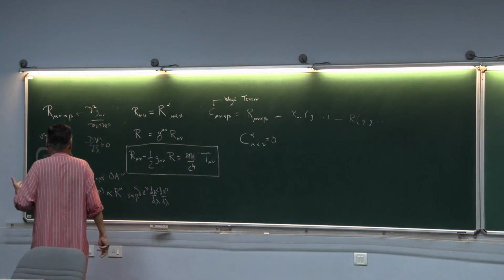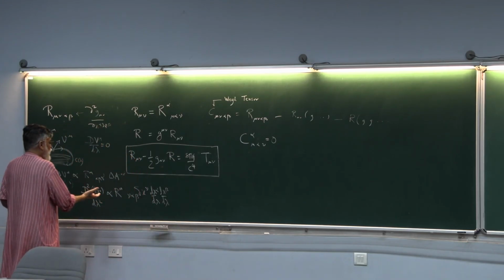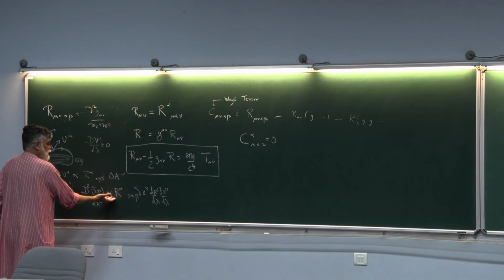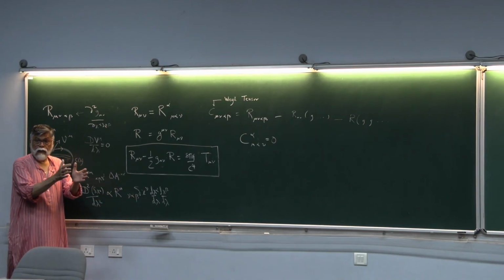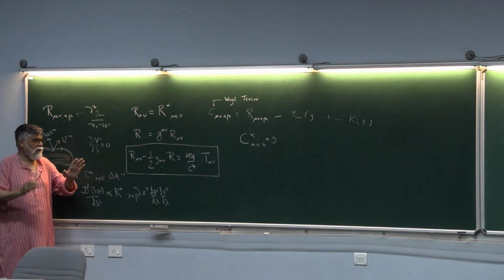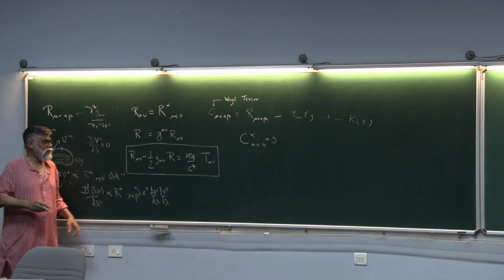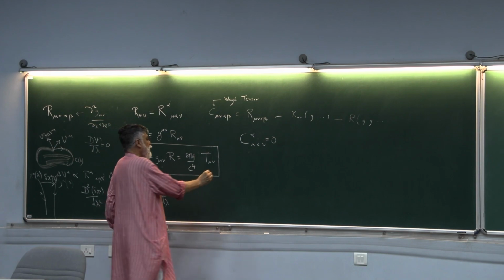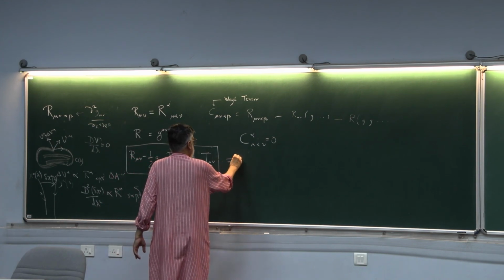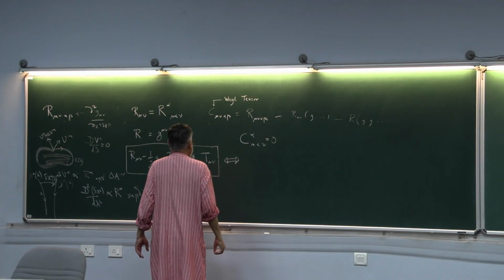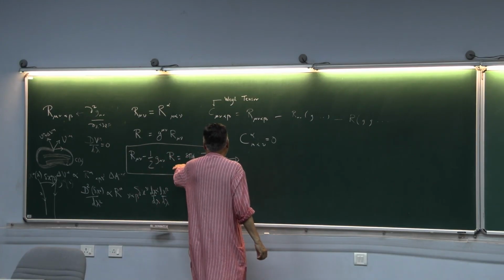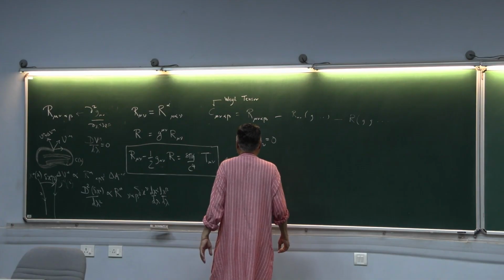Note that the tidal forces are given by the Riemann tensor. Outside a gravitating body, before that I must come to Einstein's equation. The Einstein equation can also be recast. We will do it again when we complete the derivation of the Einstein equation from the Einstein-Hilbert action.